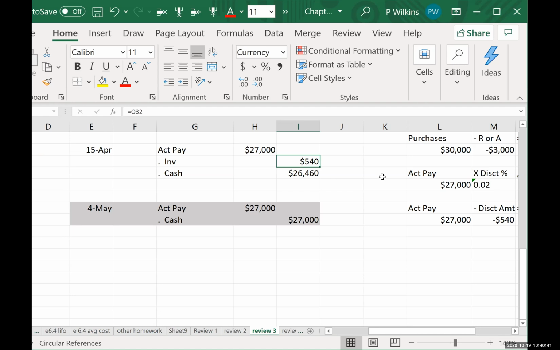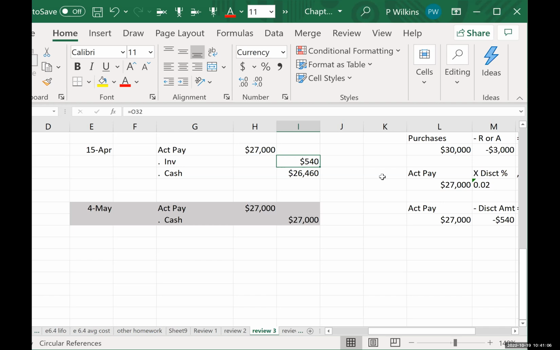We're going to credit inventory $540, because remember when you're the buyer, everything goes to inventory, and this is the amount of discount we're taking. So that means we paid that much less for our inventory. And then we're going to credit cash for $26,460, because we are paying it, which means our cash is going down.